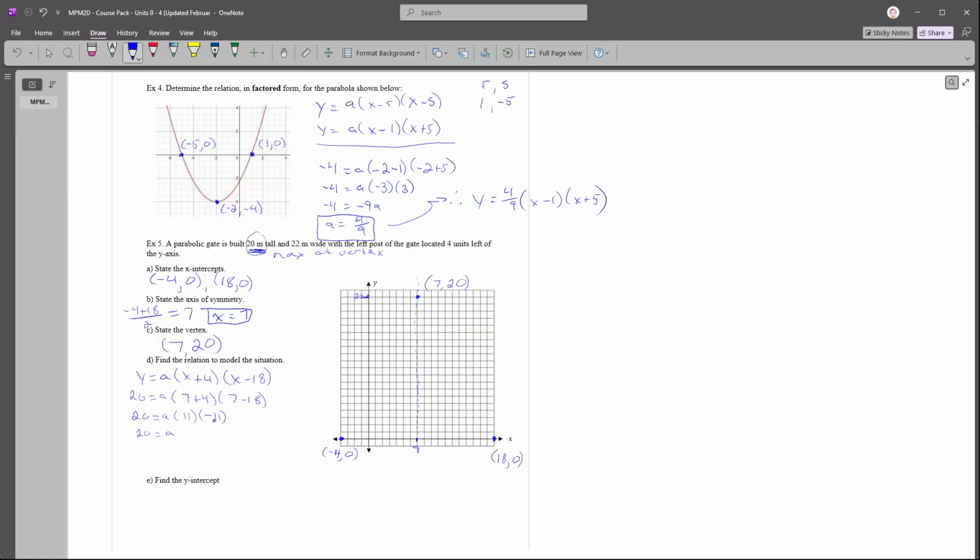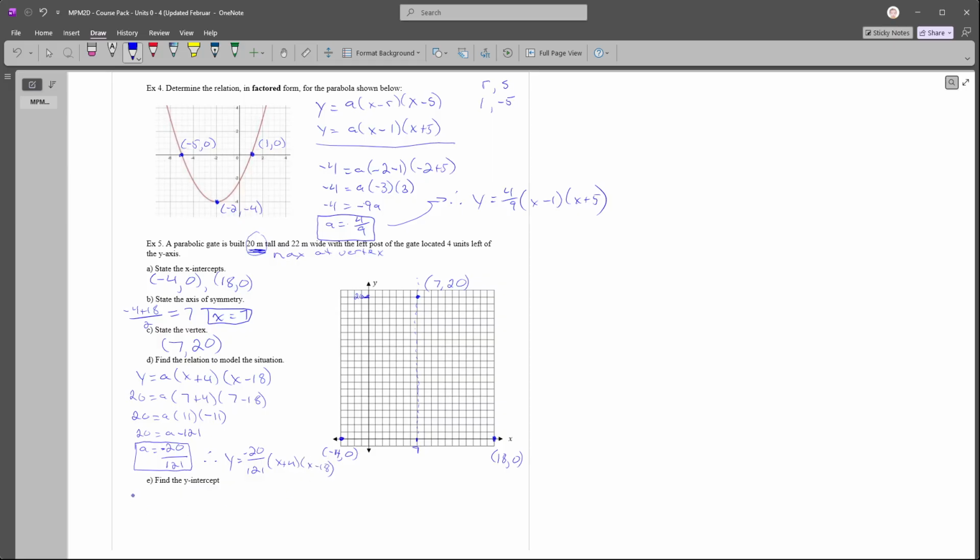That's 121, but it's negative, so negative 121. That means a is equal to negative 20 over 121. So what's the relation? y equals negative 20 over 121 times (x plus 4) times (x minus 18).